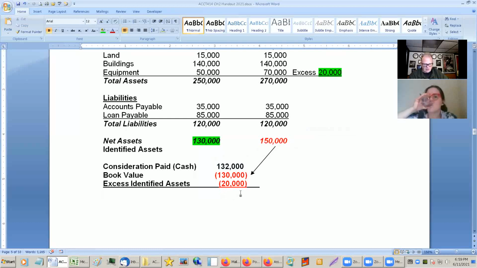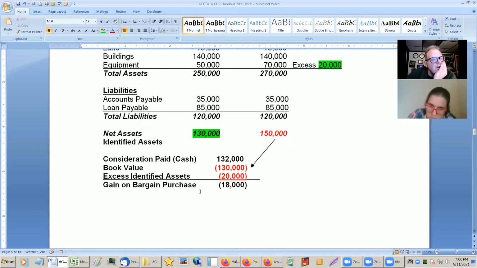So if you subtract out, this will be a gain of 18,000. And again, this used to be badwill, now it's just a gain.